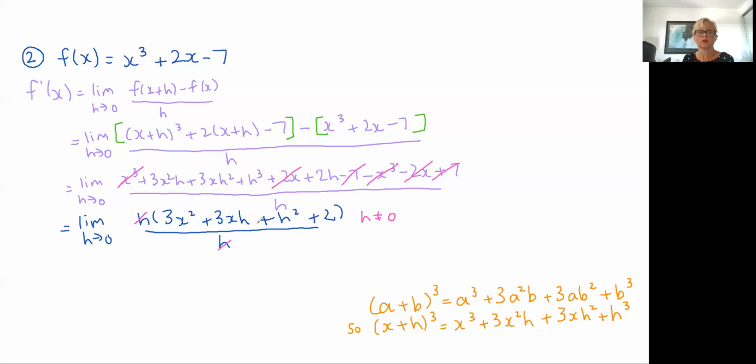Now that term's going to go, that term's going to go, and we're going to be left with 3x squared plus 2. So we found here that if f of x is x cubed plus 2x minus 7, then f dash x is 3x squared plus 2.